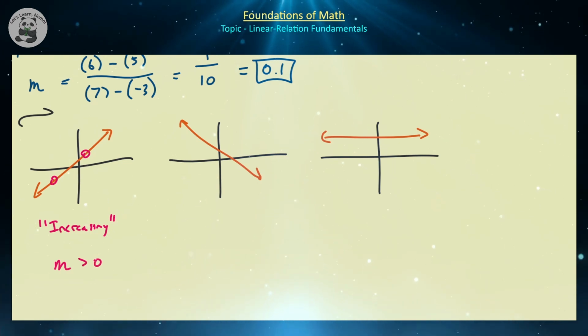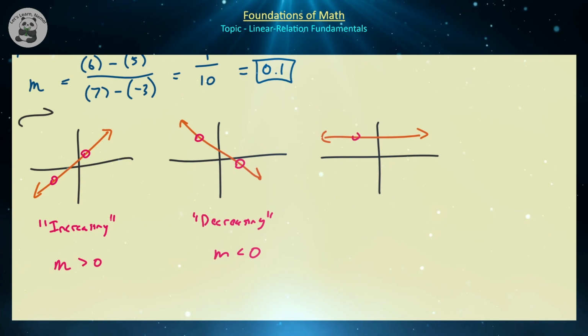Now it's very important to notice that regardless of the 2 points we choose on a line, the slope is always going to be the same. Also, if we choose 2 points on a decreasing line, then the slope is going to be negative. And if we choose 2 points on a constant line, then the slope is going to be equal to 0.